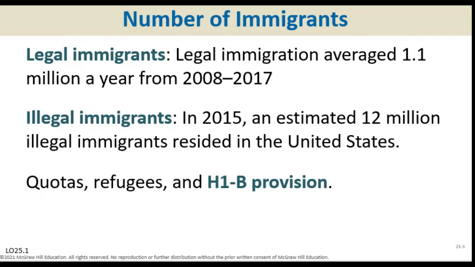Most of the immigrants are from Mexico because of their proximity, or from Central America. The H-1B provision allows about 65,000 skilled workers in a specialty occupation to enter the United States and work for a period of 6 years.